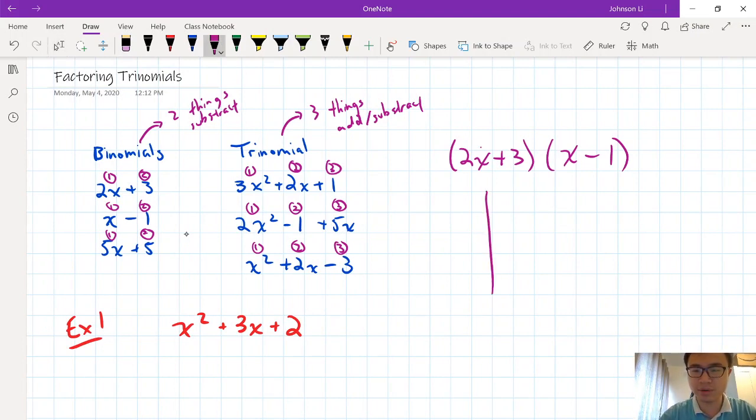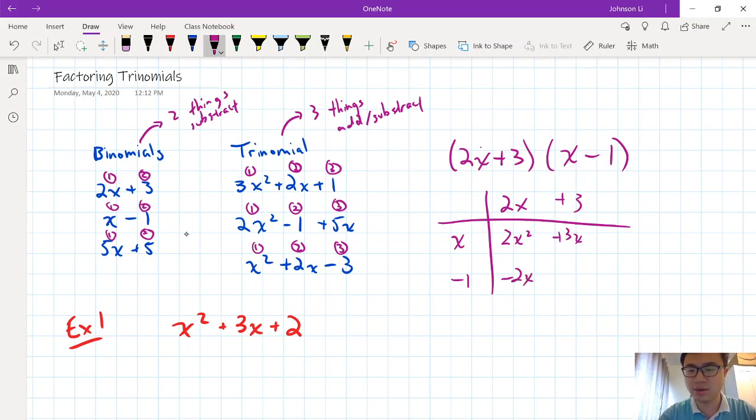The way we solve this expression is that we write the 2x plus 3 up top, and the second bracket, x minus 1, in the side. Then we just multiply: 2x squared, plus 3x, because 3 times x is 3x, minus 1 times 2x is minus 2x, and negative 1 times plus 3 is minus 3.